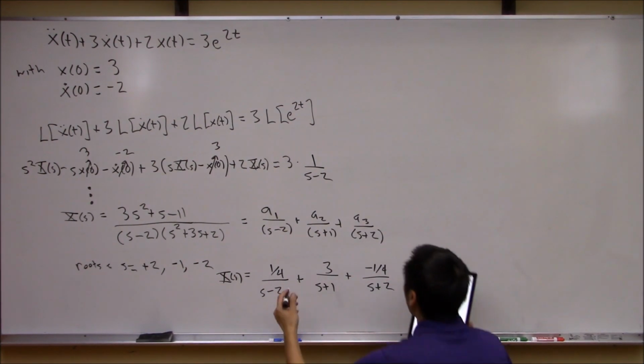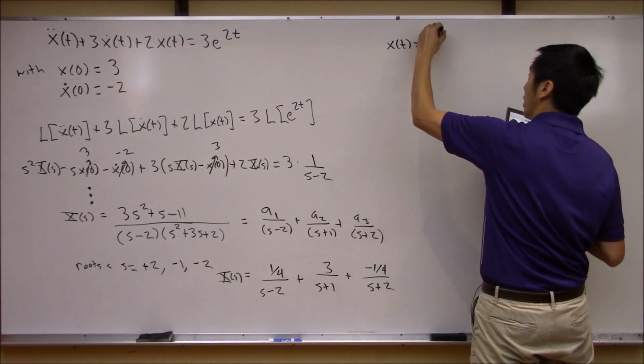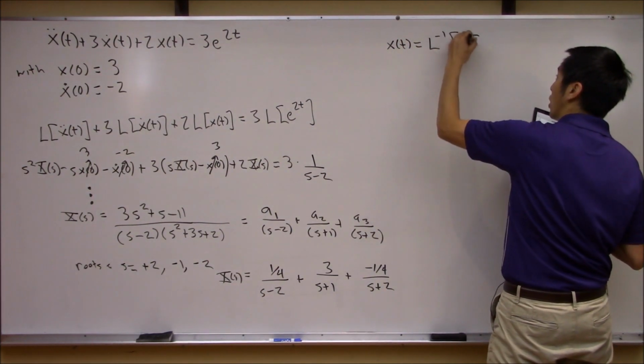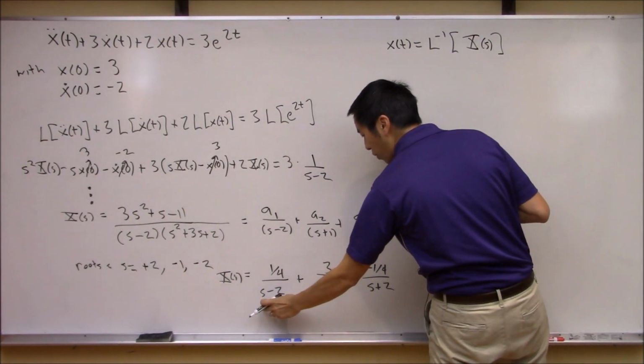To get this into the time domain, all we need to do is perform the inverse Laplace transform. So I'm just going to inverse Laplace transform that expression for X(s). And here's where the beauty is, because I can directly tell.